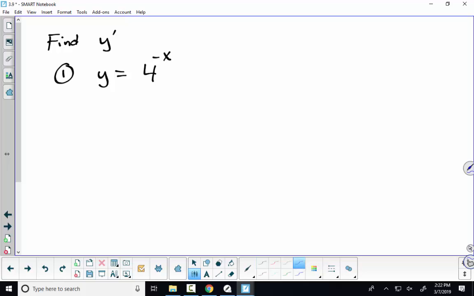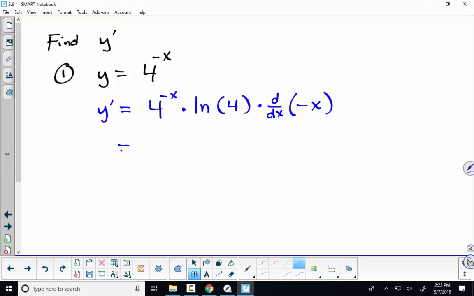We have our formula that says the derivative is the exponential as it is times the natural log of the base, which is 4, times the derivative of the exponent. Okay, derivative of negative x is negative 1. So our derivative is negative 4 to the negative x times the ln of 4.